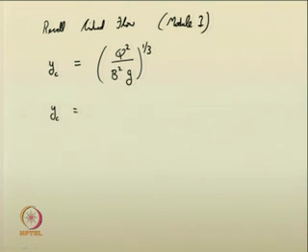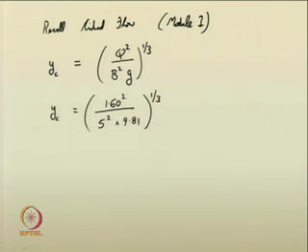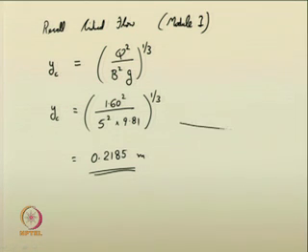So, you substitute the quantities, you know q, you know b. So, 1.6 squared by 5 squared into 9.81, the whole quantity raised to 1 by 3. You calculate that, you will get this quantity as 0.2185 meter. So, this is the critical depth of the flow for the given discharge in the rectangular channel.